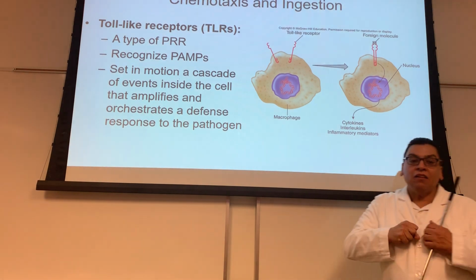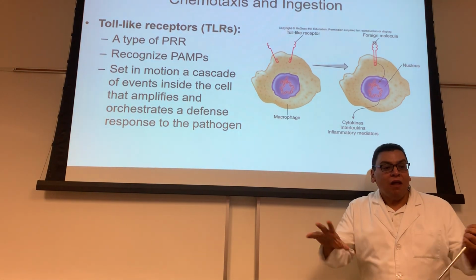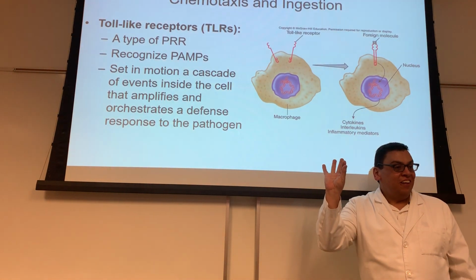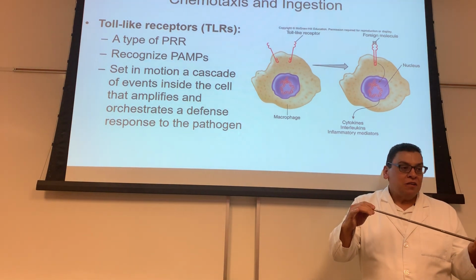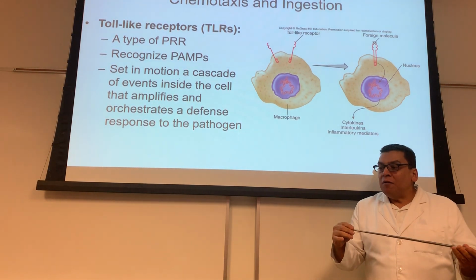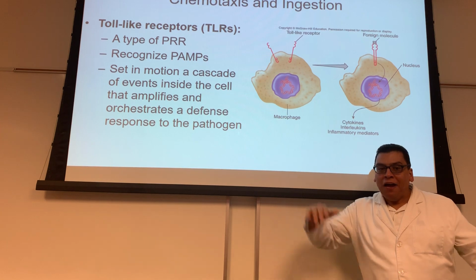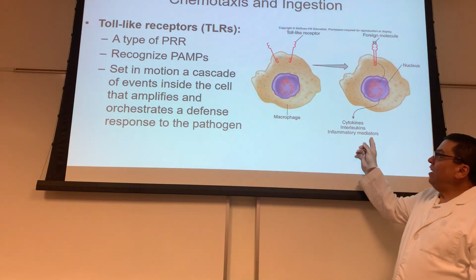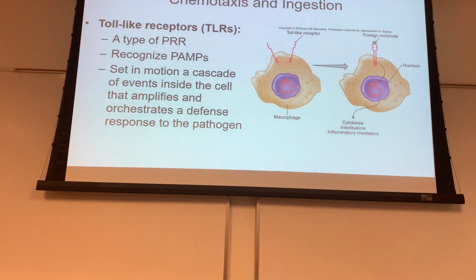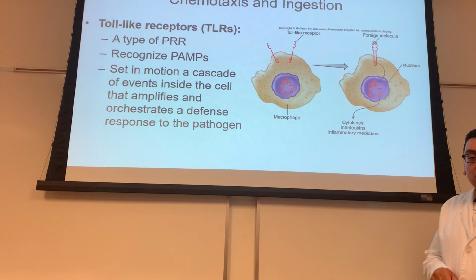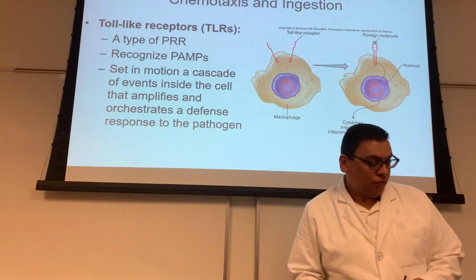Basically, it sends the alarm signal. Alarm, alarm, alarm, I found something. I found an endotoxin, so the bad guy must be around somewhere. Go find him. And that's the inflammation that we all feel or suffer from, at least temporarily, until the problem is resolved.